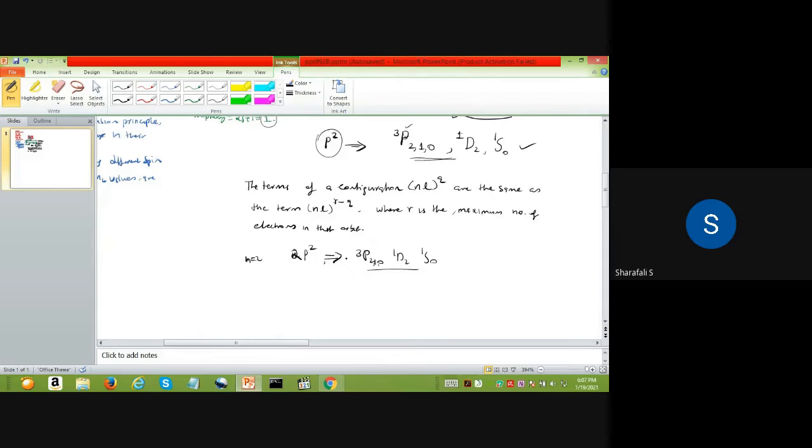So these are the terms corresponding to this 2p2 state. Now, if you want to find out 2p4, this particular configuration will have the spectroscopic terms same as that of p2.